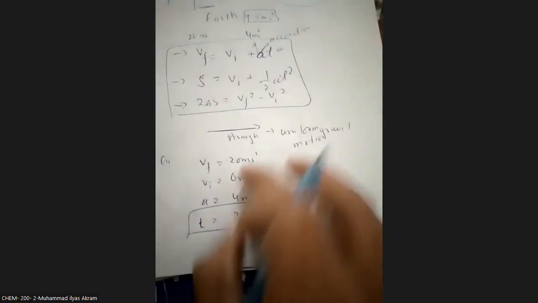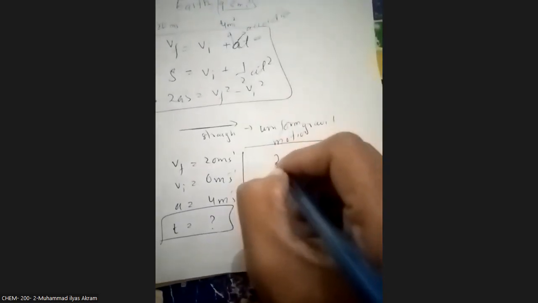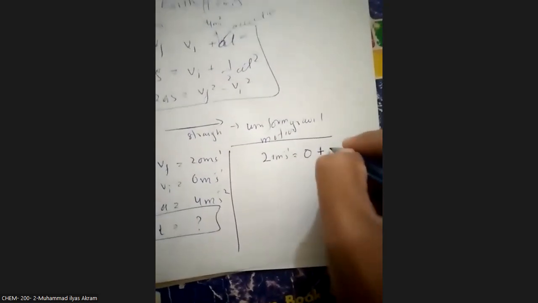Simply put all this data into the equation and solve for t. Vf equals 20 meters per second, the initial velocity of the body is 0, the acceleration we have is 4 meters per second squared, and we have to find the time here.